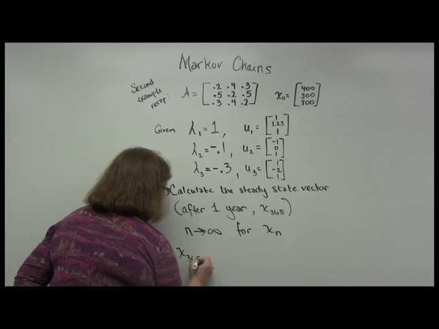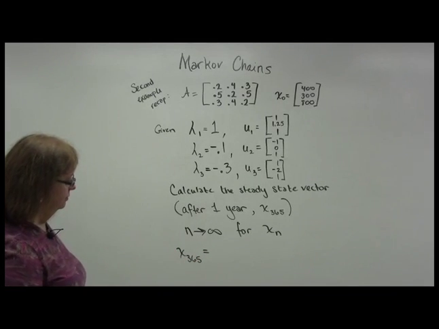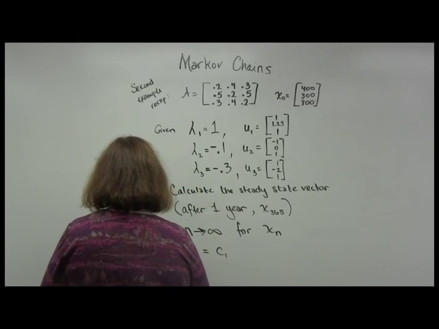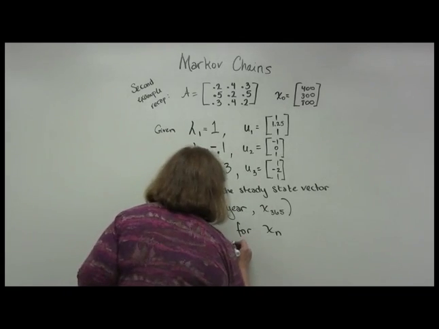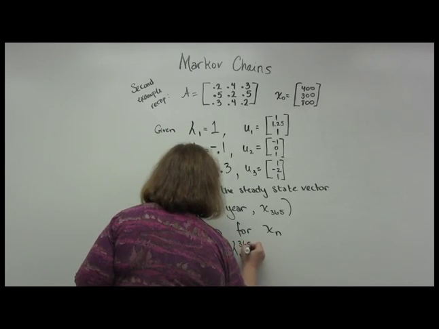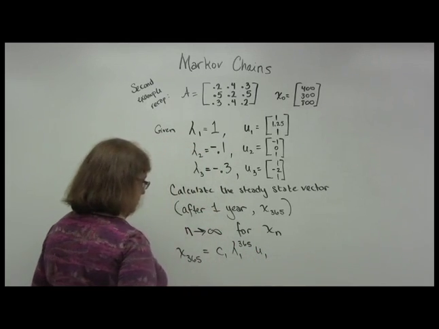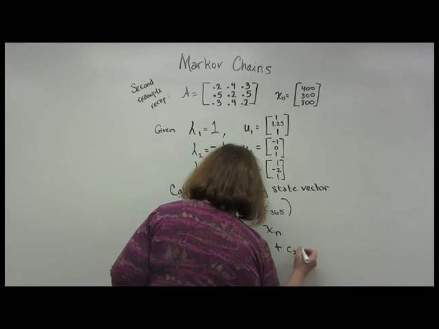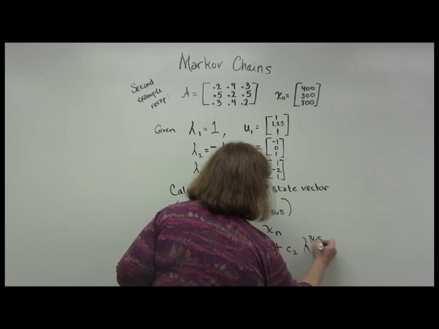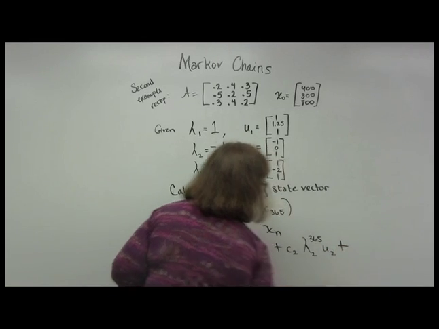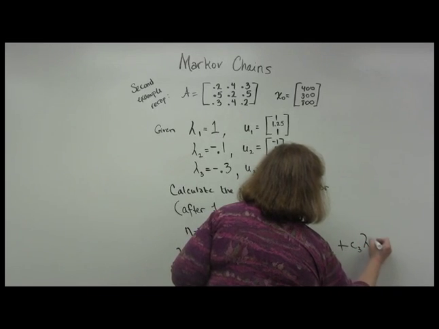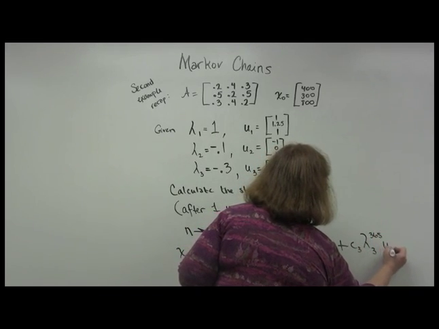X sub 365 is going to equal c sub 1 times my lambda sub 1 to the 365 times my u sub 1, plus c sub 2 lambda sub 2 to the 365 times u sub 2, plus c sub 3 lambda sub 3 to the 365 times u sub 3.